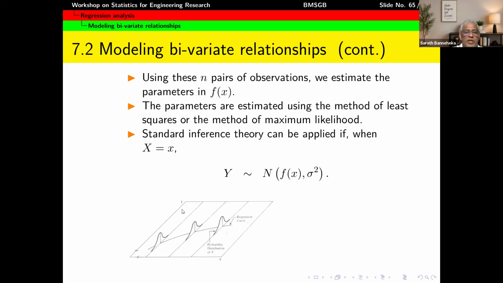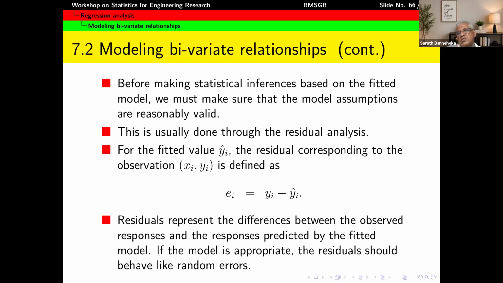We are assuming that all the y values are independent: Y1, Y2, Y3 are independent. That is usually true because we carry out the experiments independently. Therefore, there is no reason in general for one y value to depend on another. But we have to make sure those assumptions are reasonable.